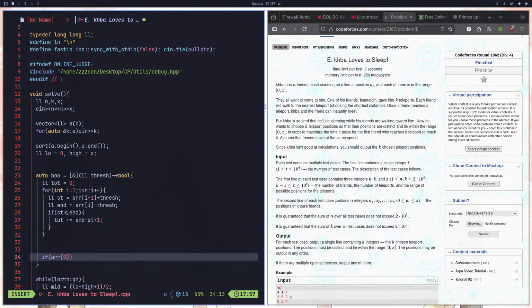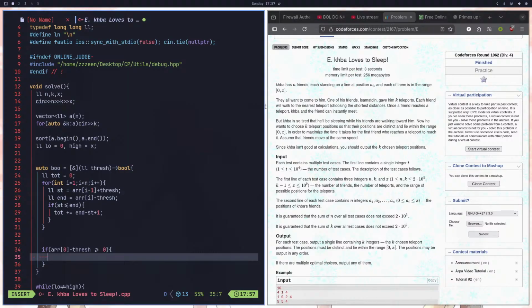If array of 0 minus thresh is greater than or equal to 0, plus number of 0 minus thresh plus 1.